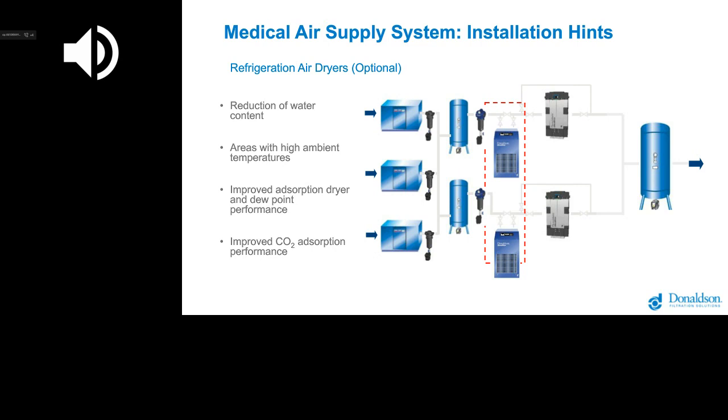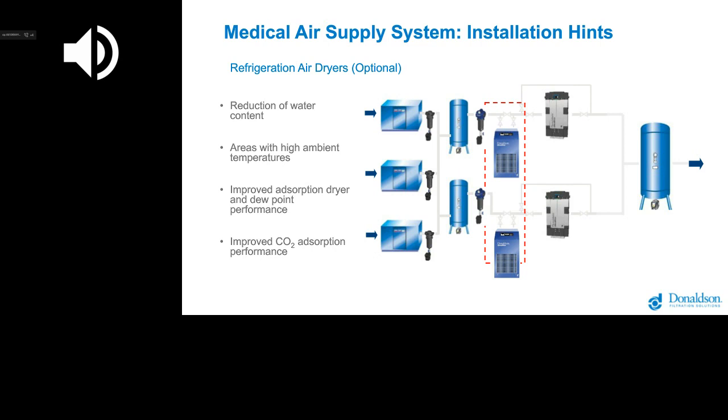This is really best practice because it not only reduces the overall water content in the purification line, which of course helps the adsorption dryer to be more efficient, but especially in areas with very high ambient temperature, let's say in Southeast Asia or other hot areas of the world, it has the effect that at the outlet of a refrigerant dryer, the air temperature is in a range of 5 to 10 degrees C lower than the incoming temperature into the refrigerant dryer.